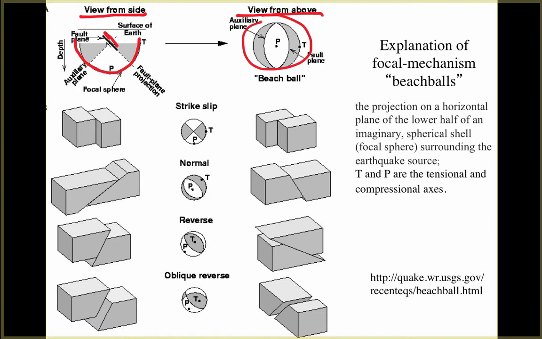Imagine rays or seismic waves leaving the earthquake and travelling to the far side of the Earth. If these rays have a compressional or up first motion, we'll shade them white in this case, and we'll plot them on the focal sphere, all the earthquakes that recorded compressional first motion. Looking down from above, in this case, that will be this central region of the beach ball.